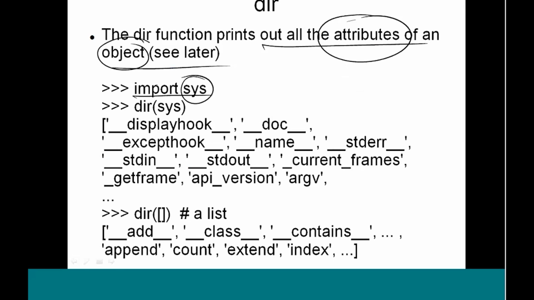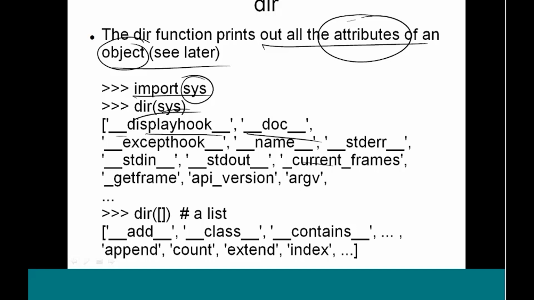This is again the import function that we studied in the last lecture. And then when we say dir sys, it prints out all the various attributes for sys. For example, underscore display hook, underscore doc, underscore accept hook, underscore name, stderr, all those different functions that are displayed.